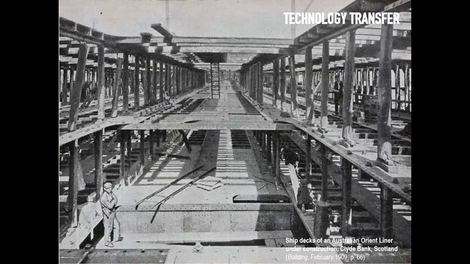And you can see here one of the ships under construction, an Australian Orient liner. So ships built in the UK for Australia would become part of the Australian culture and technical expertise by adoption. And you can see, in fact, this ship is being portrayed in a building magazine, and you can see the techniques here clearly of the skeleton system that are starting to take shape.